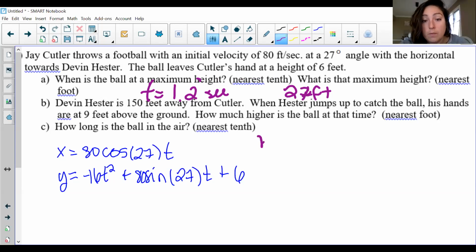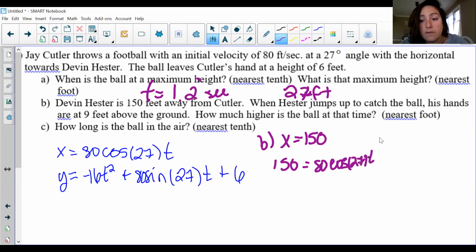So for B, we know that x is equal to 150. So that means that 150 is 80 cosine 27 t. And again, if you're wondering how we knew x was 150, because Devin Hester is 150 feet away, that's horizontal distance. So that means that t is 150 over 80 cosine 27.